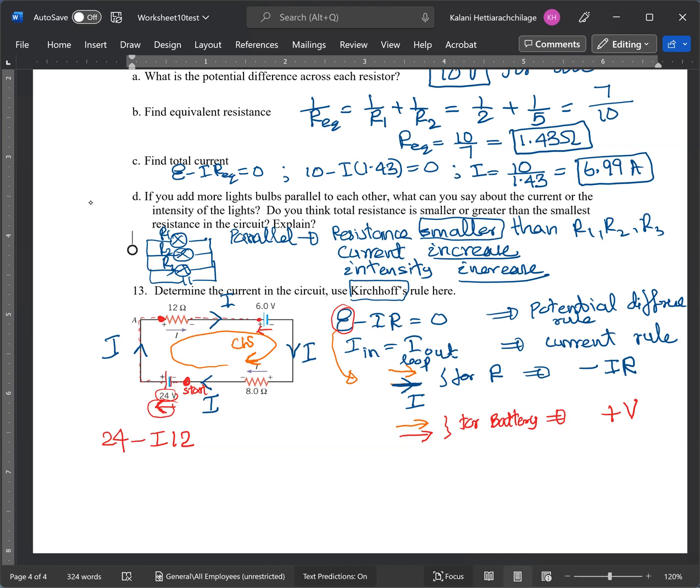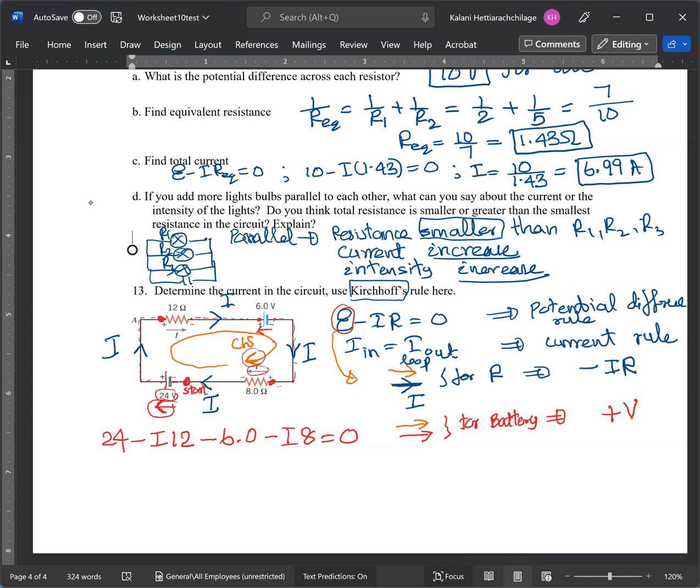Now I'm going from left to right, but my battery direction is opposite to the orange loop direction. That means I need to subtract 6. Then no device until I get to the 8 ohms here. Now my loop direction and the current direction are the same, so I need to subtract I times 8, equals 0.